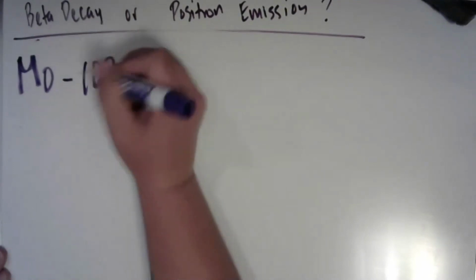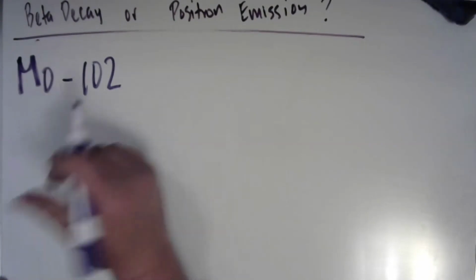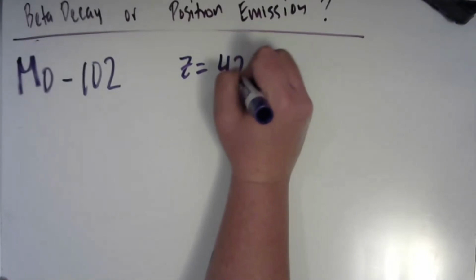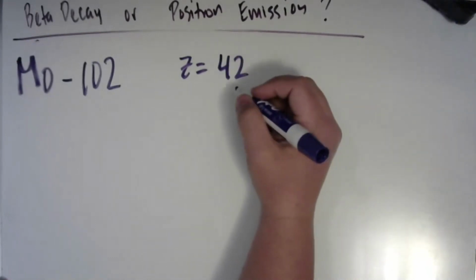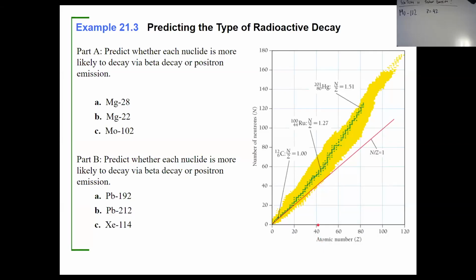Mo-102. If we look up molybdenum on the periodic table, we see that it has a proton value of 42. We can use this proton value to figure out where our stability is.